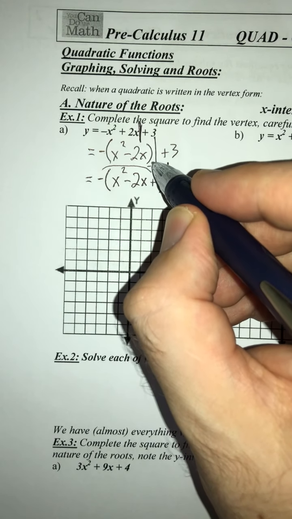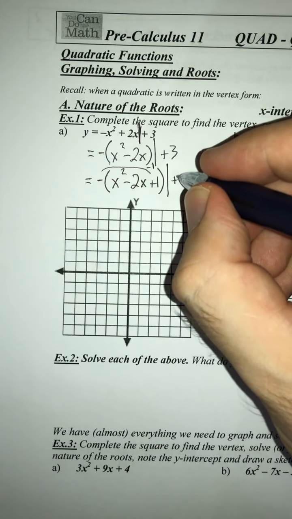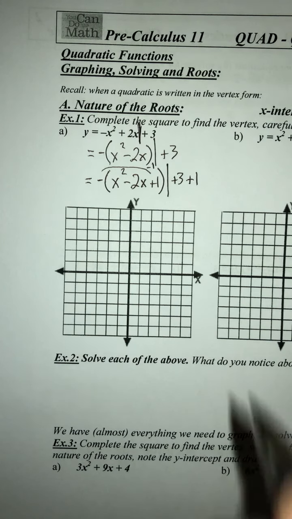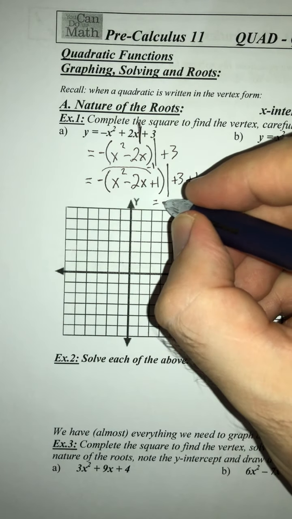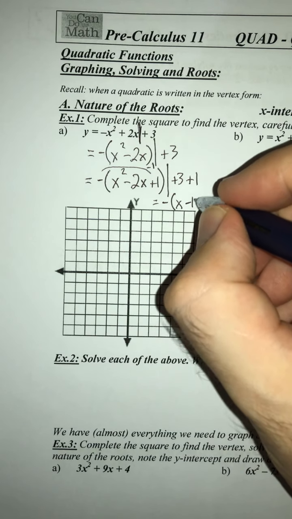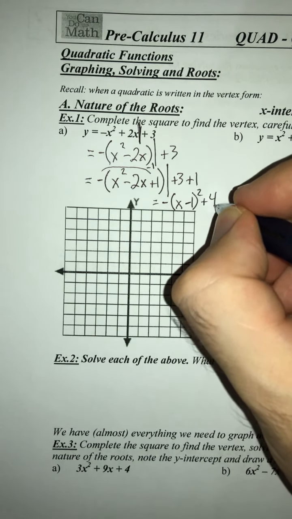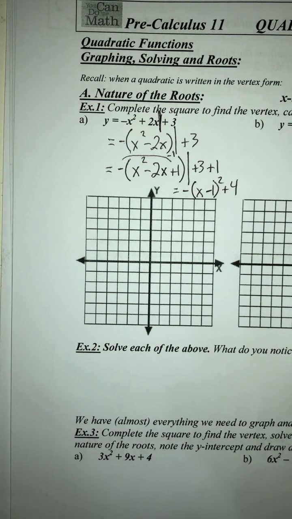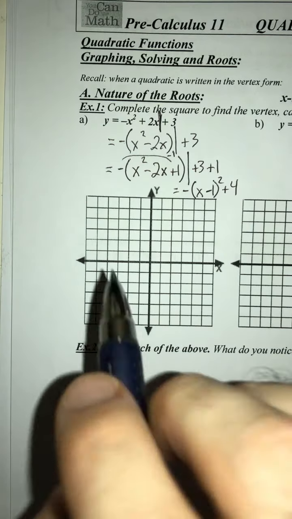So really what I'm doing is subtracting 1. So I need to add 1 over here. And this will give me my equation of negative x minus 1 squared plus 4. So there's my equation. Again, if that was too quick, you need to review your complete the square.